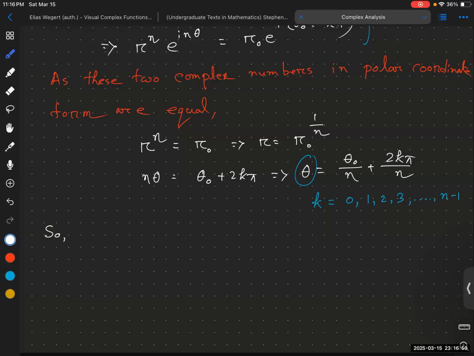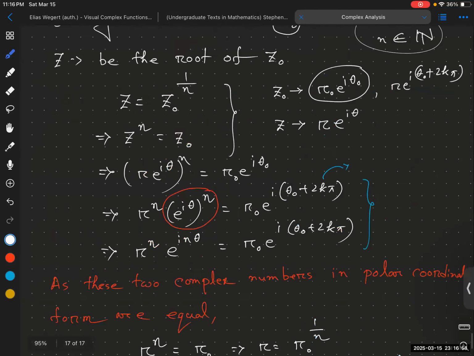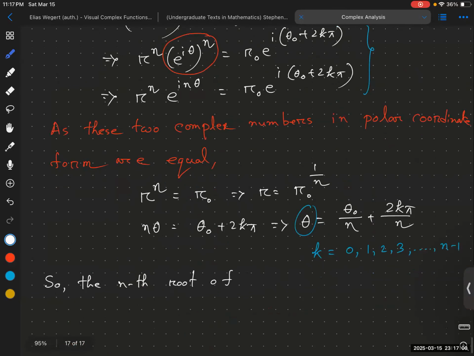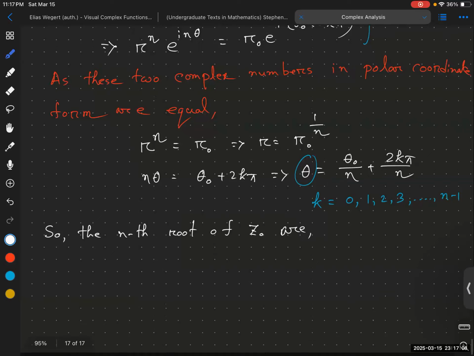So the nth roots of z naught are r naught to the power 1 by n, e to the power i (theta naught by n plus twice k pi divided by n).